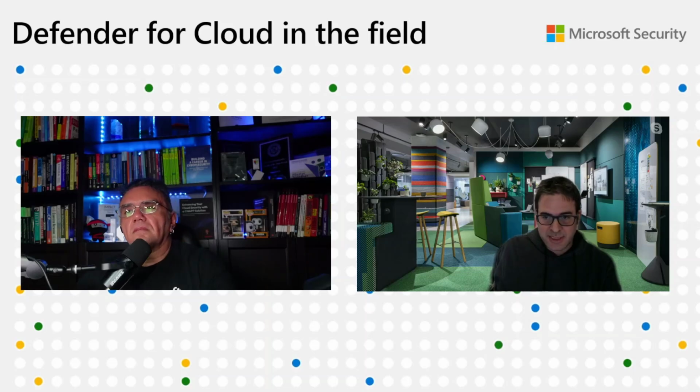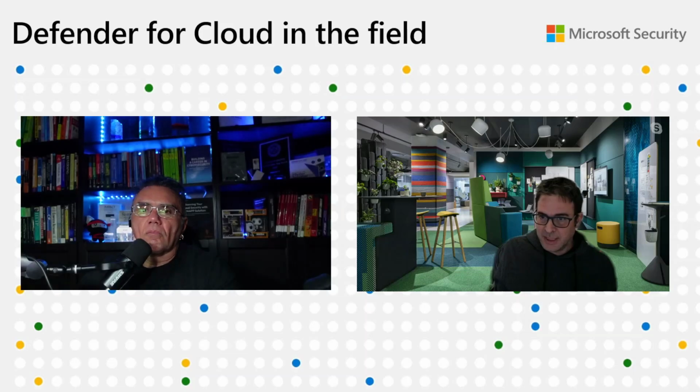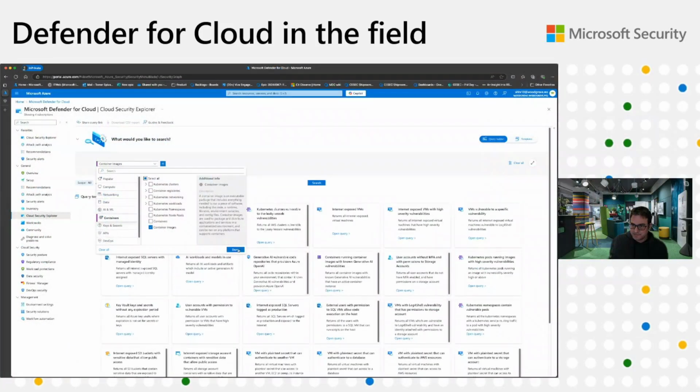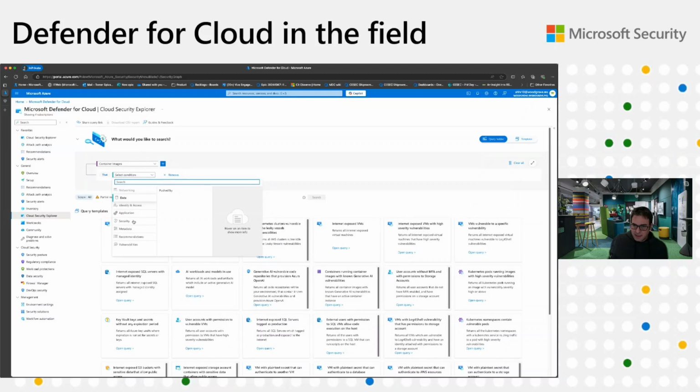So now using the security graph, I can specifically search for such images that have not been scanned for vulnerabilities. The way that I would perform this search, I'm starting from container images, and under security assessment, under security, I'm selecting vulnerability assessment, and now I'm specifically looking for images that have not been assessed.